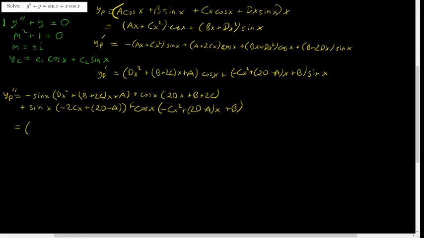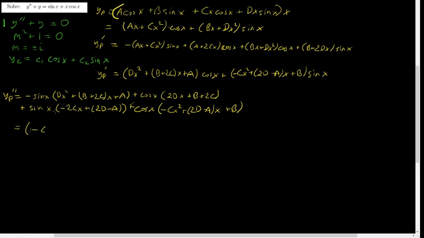And so inside here we have negative cx squared. I think that's the only squared term, right? Oh, gosh. So bear with me, I'm still learning how to do this. All right, so negative cx squared. And then we have plus 2dx plus another 2dx.